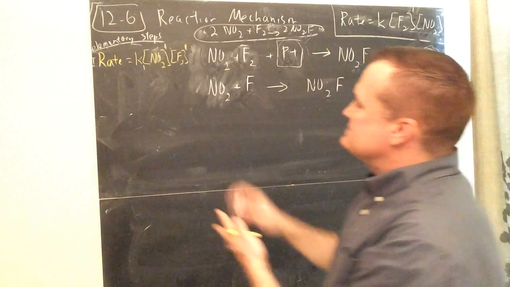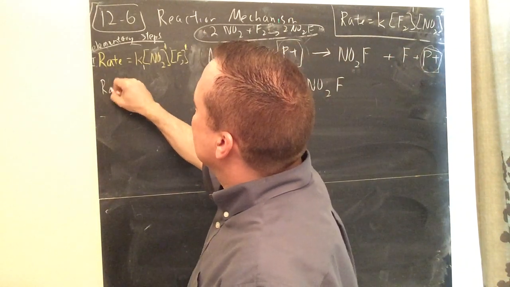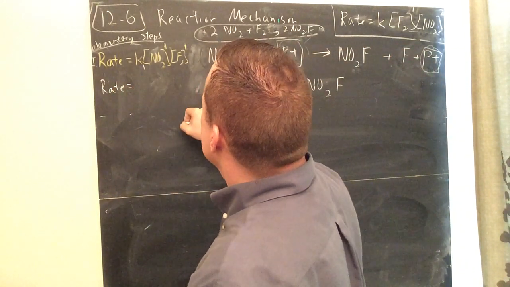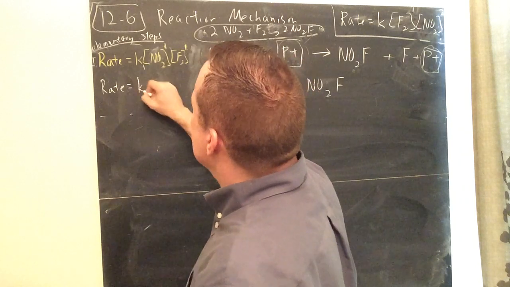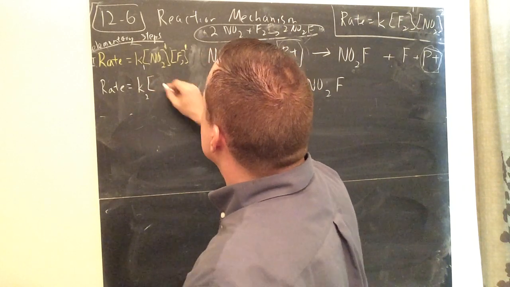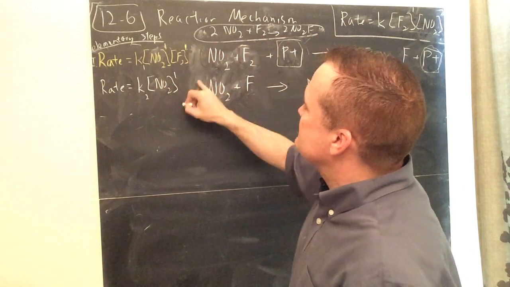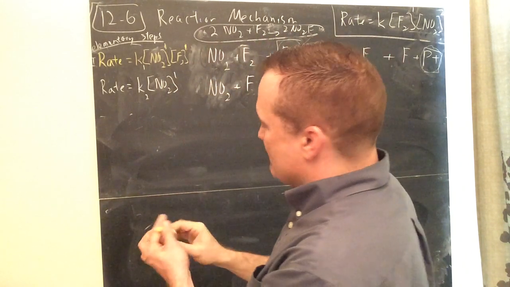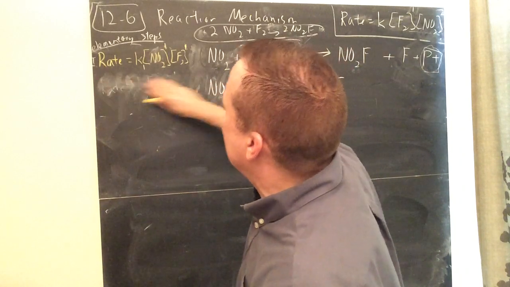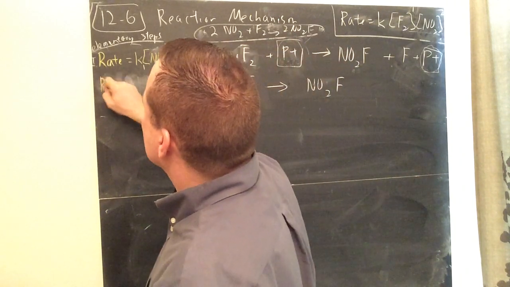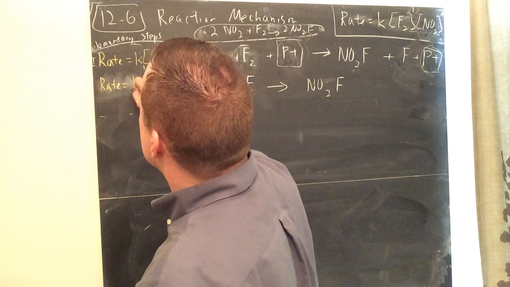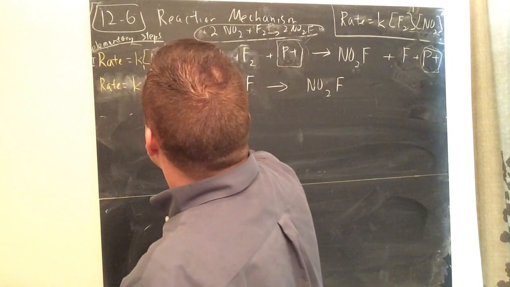So that means that step 2, its rate will be, we'll call it K2 times NO2, also to the first power, because it's a 1 there. I'll call that K2.